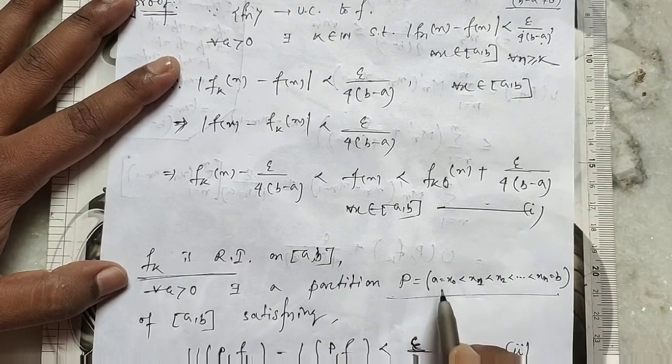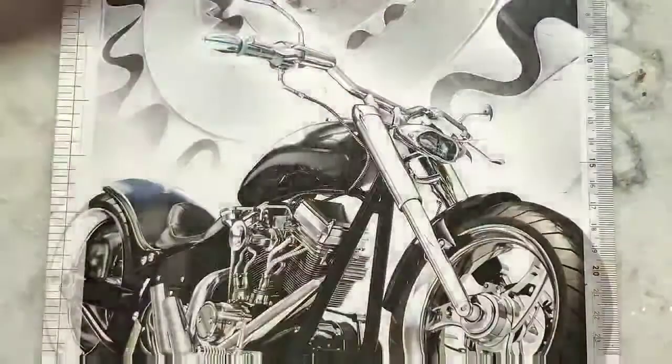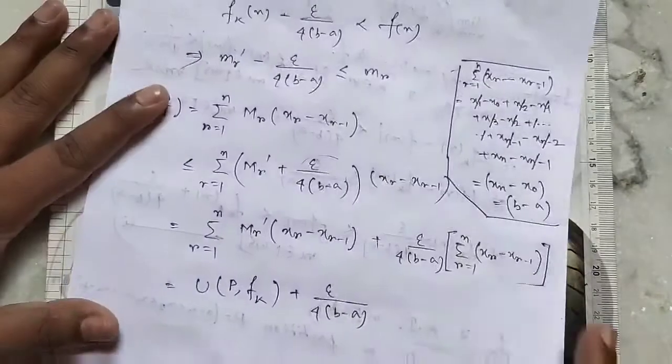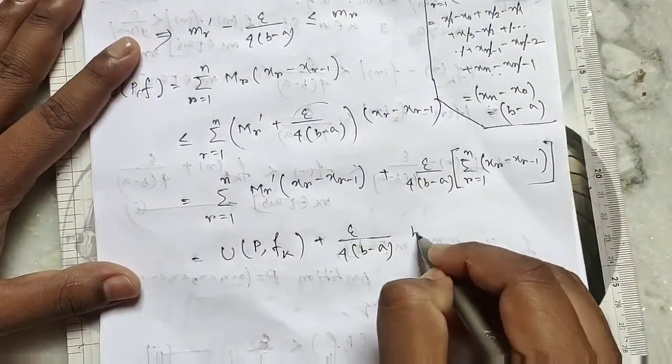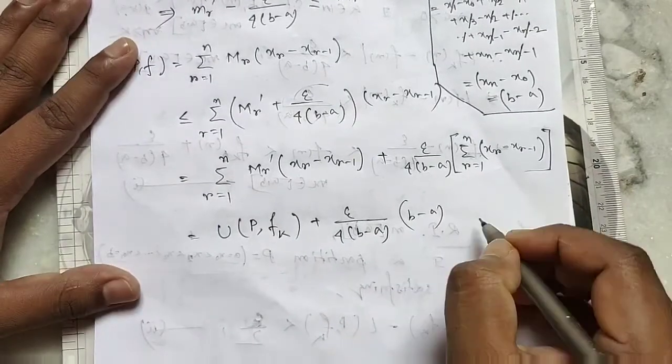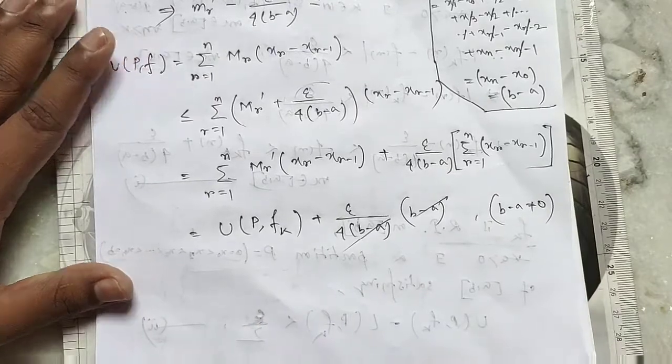So a equals x0 and x_n equals b, so x_n minus x0 equals b minus a. So this sum is b minus a. Since b minus a is not equal to 0, this is cancelled out.